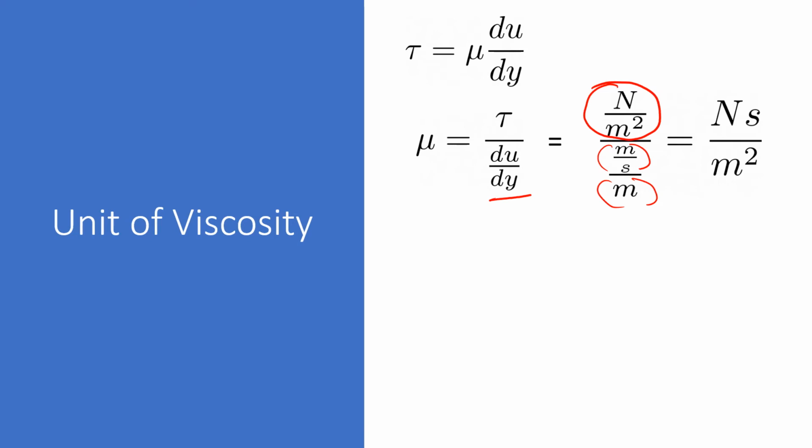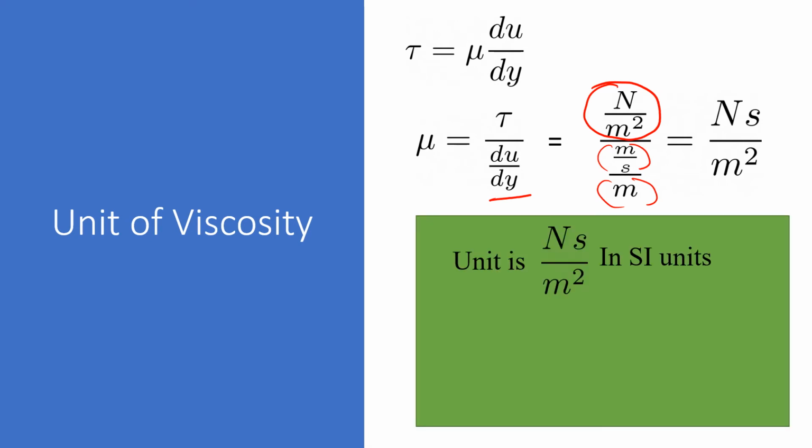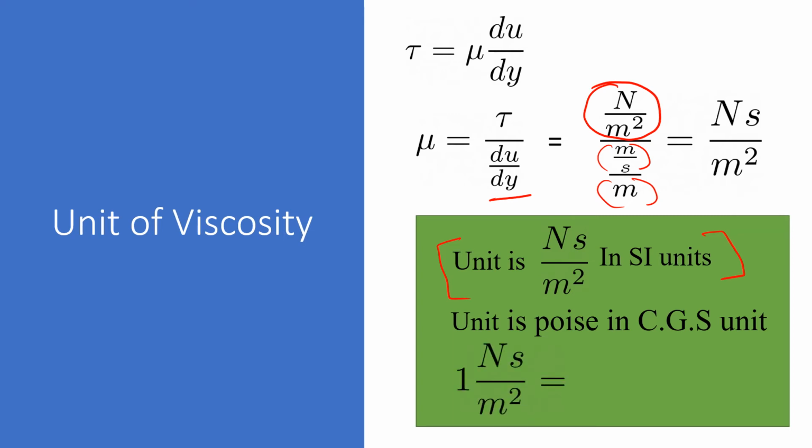So that gives Newton second per meter square. The unit of viscosity in SI is Newton second per meter square. What is this unit in CGS? The unit is poise in CGS, and 1 Newton second per meter square is equal to 10 poise.